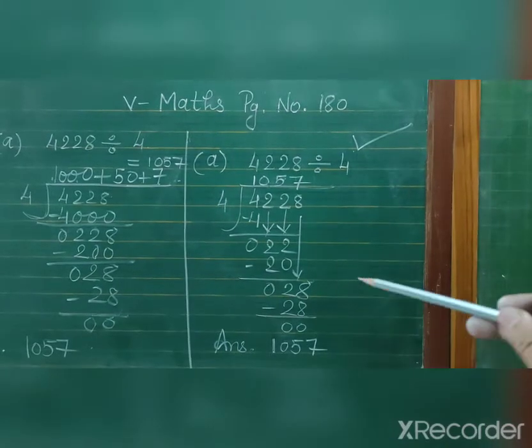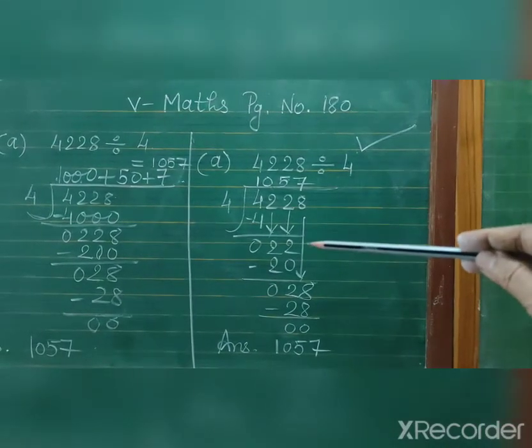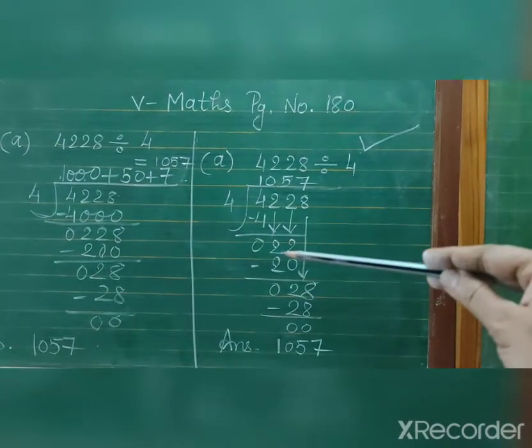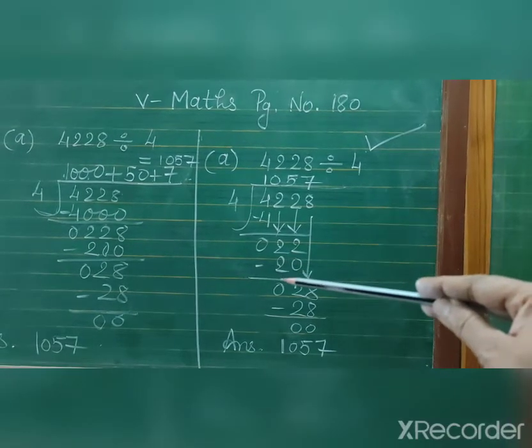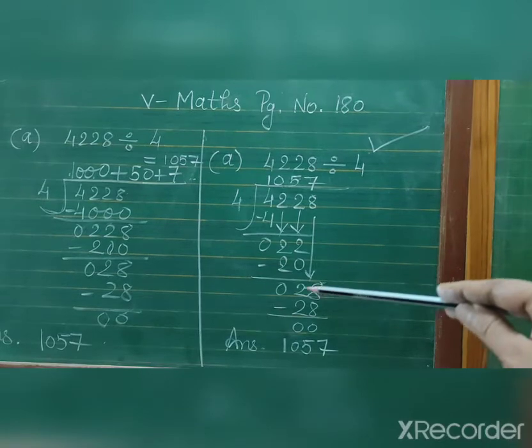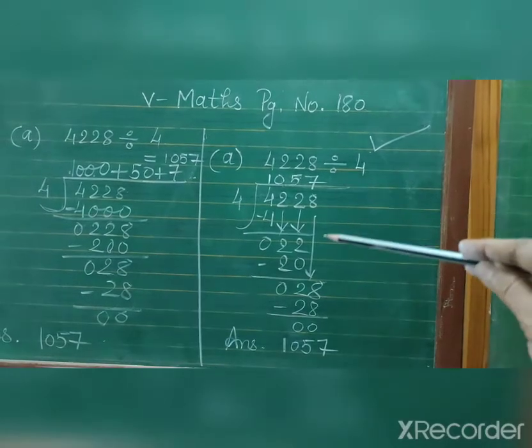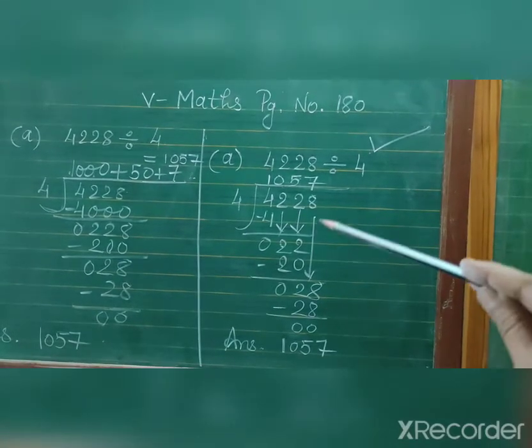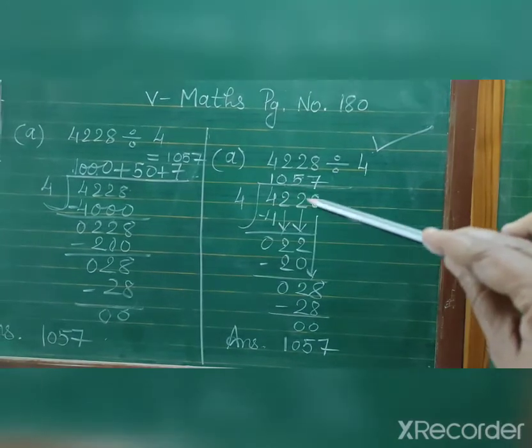You will write that. Now you can see 2 minus 0 is 2 and 2 minus 2 is 0. Now bring down 8. So 28. 4 sevens are 28. So the answer will be 1057.